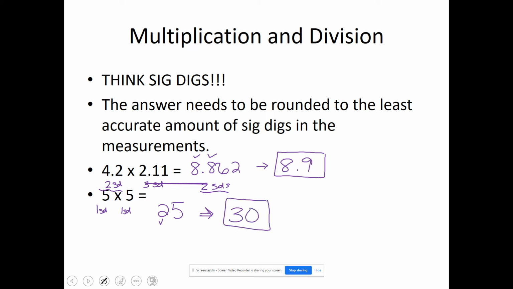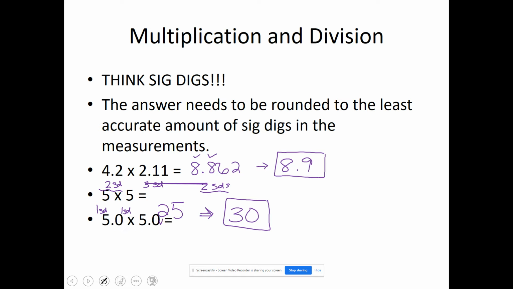So really, this whole time in your whole life, 5 times 5 is really 30. But if you're in physics, according to rounding rules, 5 times 5 is 20 because they round their 5s differently. Because of statistical rounding, you get 20. If you don't use statistical rounding, you get 30. And in math, you get 25. So there's a whole bunch of answers.